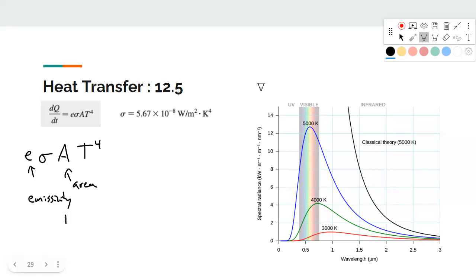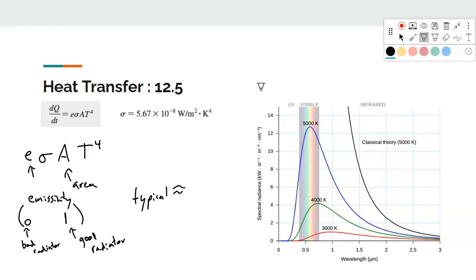And so if something has an emissivity of 1, it's really good. So good radiator. And if it has an emissivity of 0, it's a really bad radiator. And that's the range of values. So it's between 0 and 1. If you're not told what it is, just take it to be 1. It's usually a good estimate. So sort of the typical value is very close to 1 for this emissivity.